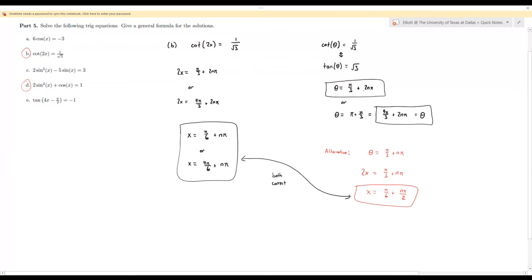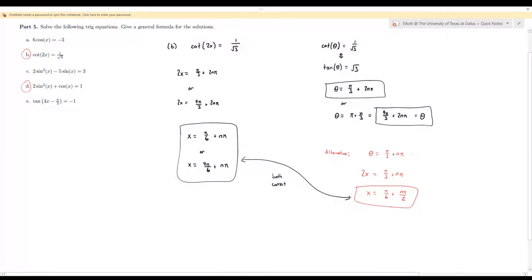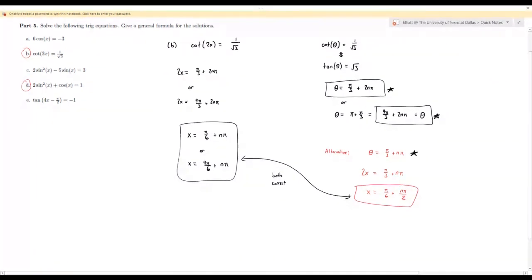So what I did here is okay, but it's not necessary for tangent or cotangent, because you can express these two solutions in one line by just doing this. So this line here is equivalent to both of these two together, if you will. Okay? So maybe I'll write it like this.